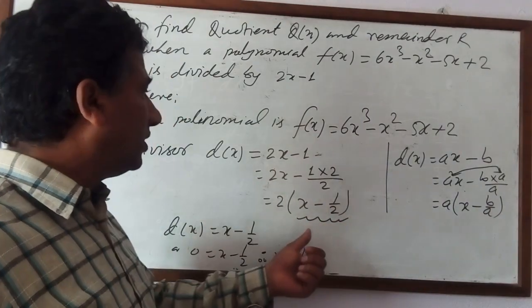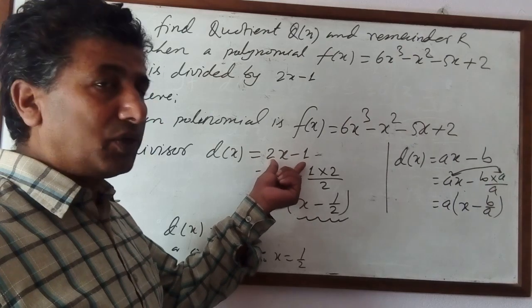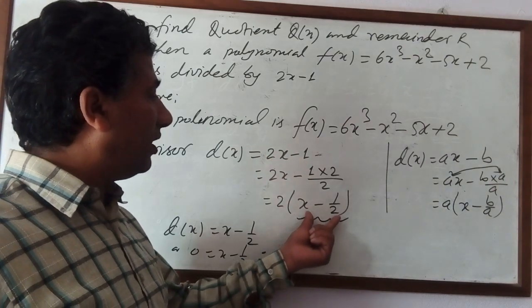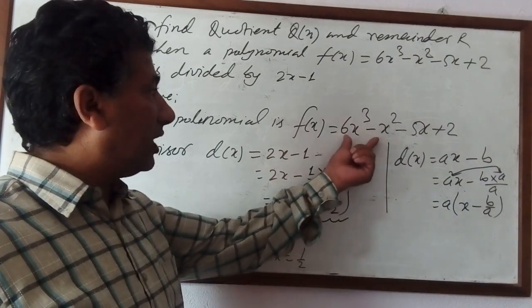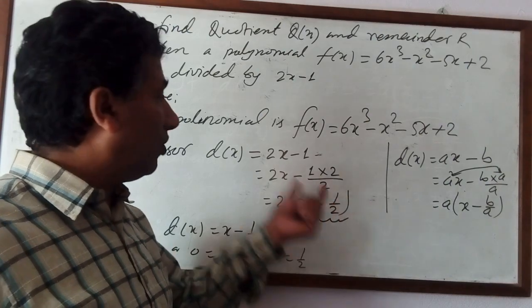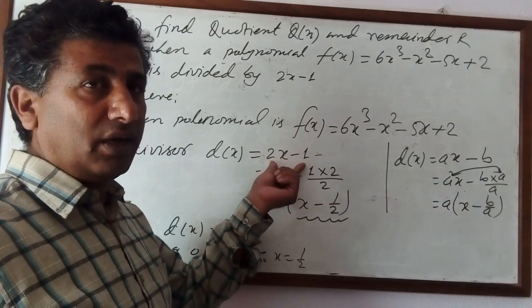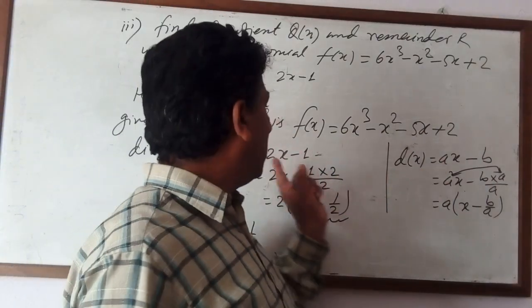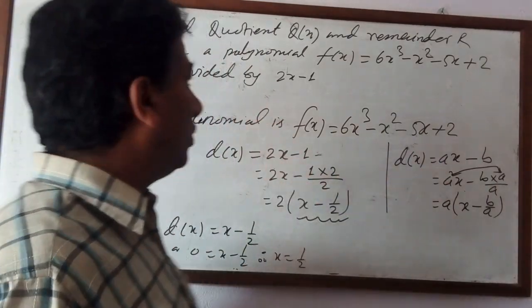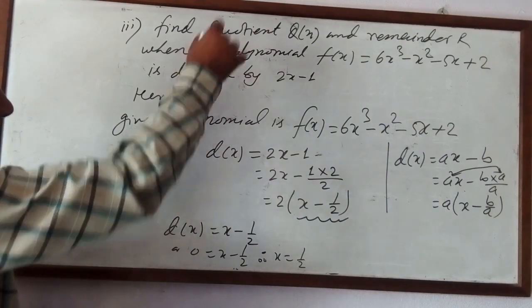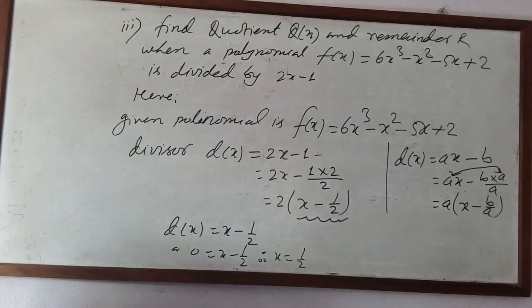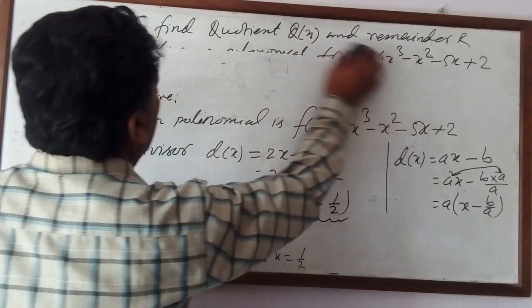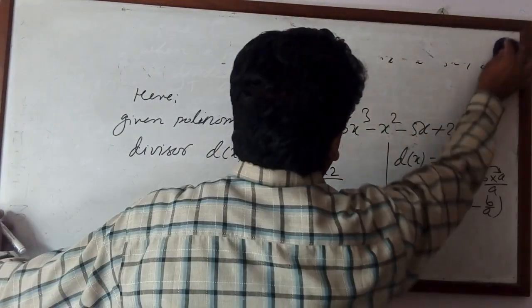Then that gives the quotient for 2x minus 1. Right now we are dividing by x minus 1 by 2, not by 2x minus 1. This is the example. Now using synthetic division, see here how to find the quotient.